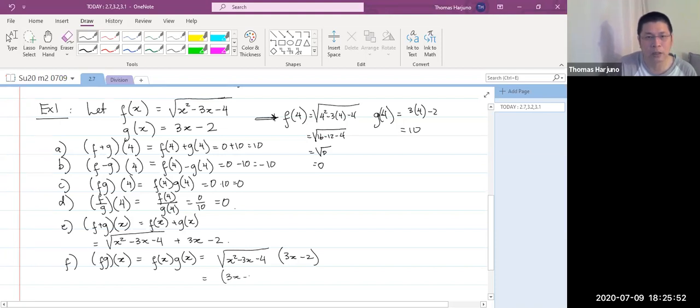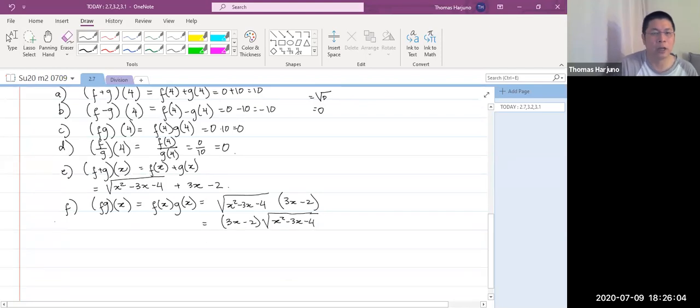It is a custom that we write this first, multiplied by the square root of something. Now part G, for example, what is f over g of x? That is f(x) over g(x). And even this, when you see it, you find it to be super easy, right?